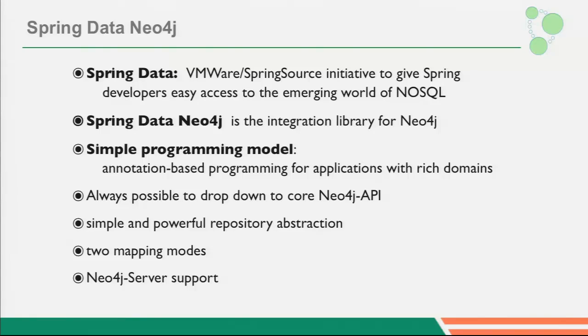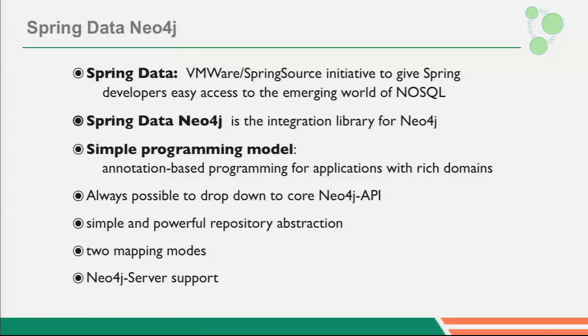That means we use an annotation-based programming model where you annotate your entities, and that allows you to provide enough metadata to actually store them in the database. We don't want to dumb down your access to the NoSQL databases in Spring Data in general, and also not in Spring Data Neo4j.